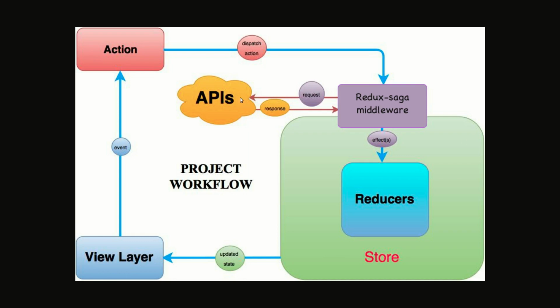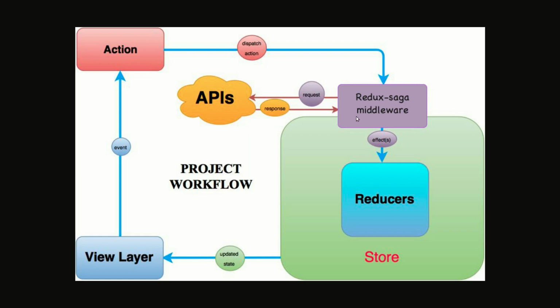But here we are dispatching an action, and before delivering this action directly to the reducer, we are injecting a new third party application. What it basically does is take the data I receive from this action and use it to make an API request.